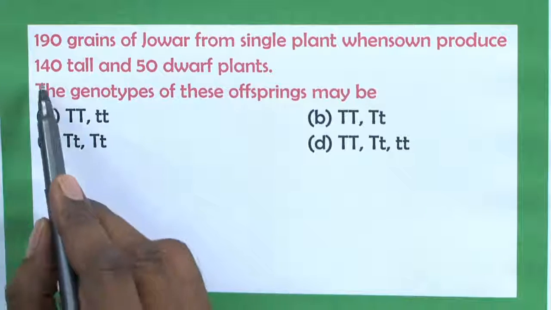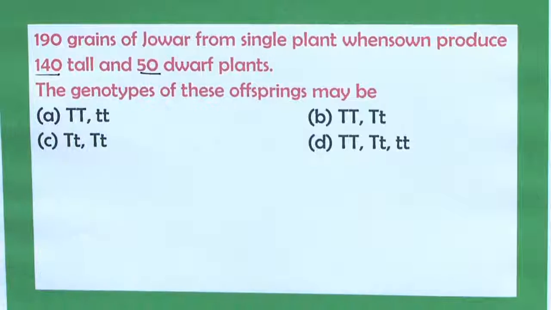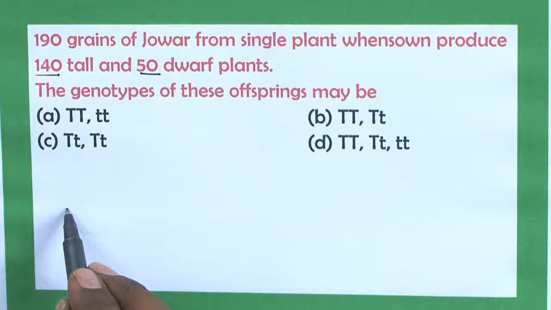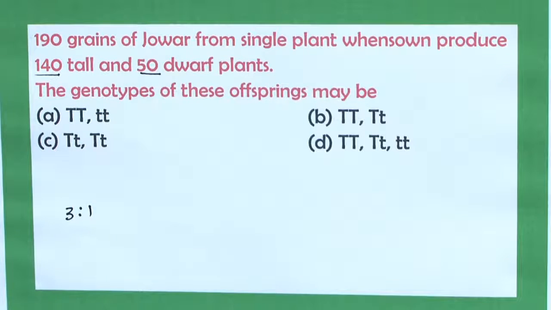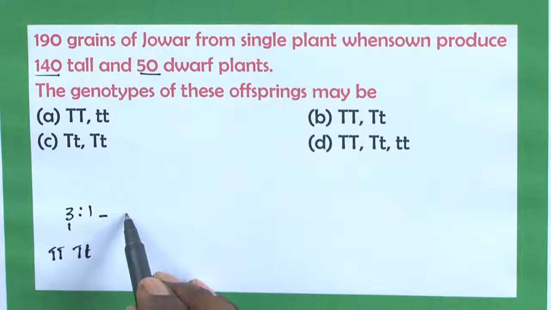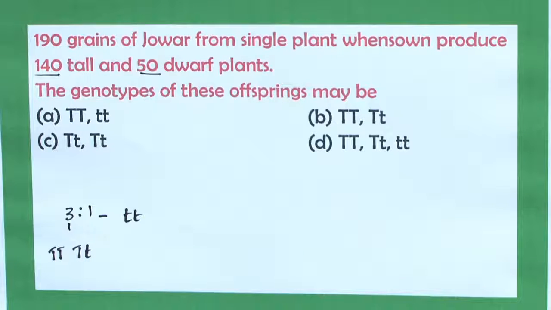When you consider 140 tall and 50 dwarf plants, the ratio approximately comes to 3:1. So 3 is the tall plants, whose genotype may be capital T capital T or capital T small t, and the 1 is the dwarf plant, which is small t small t.